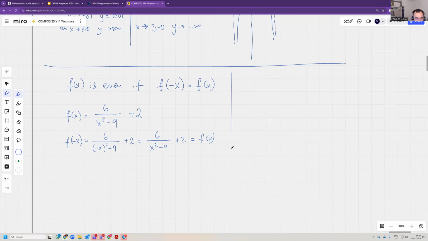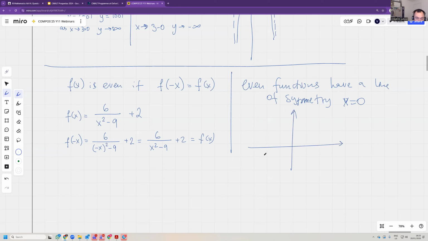And when a function is even, it has a line of symmetry. Even functions have a line of symmetry, which is x equals 0. Basically, an even function is symmetrical like this.